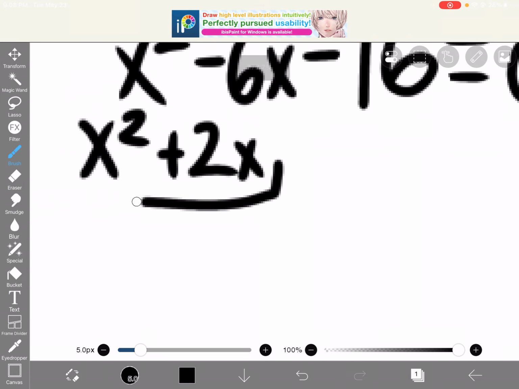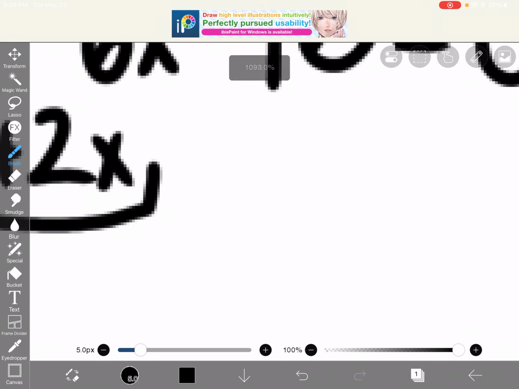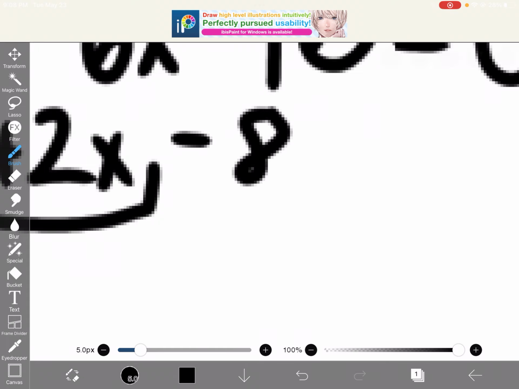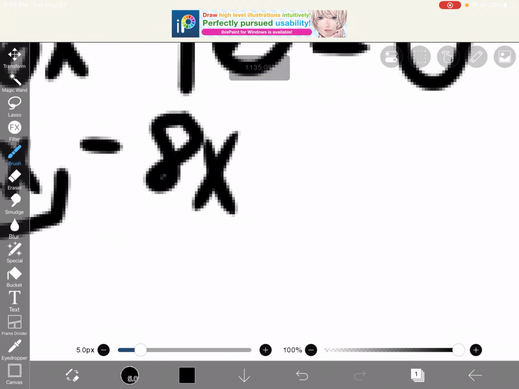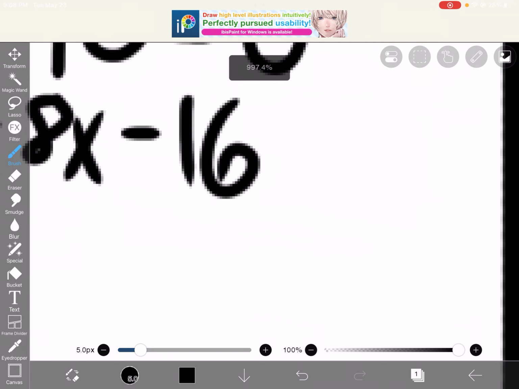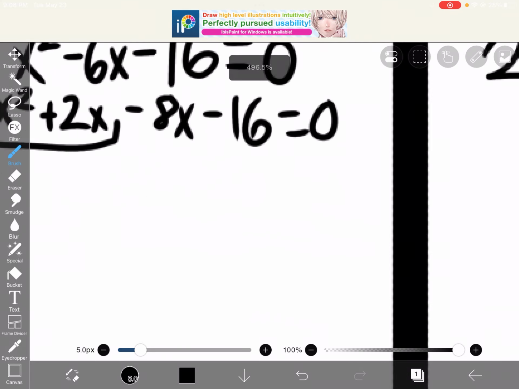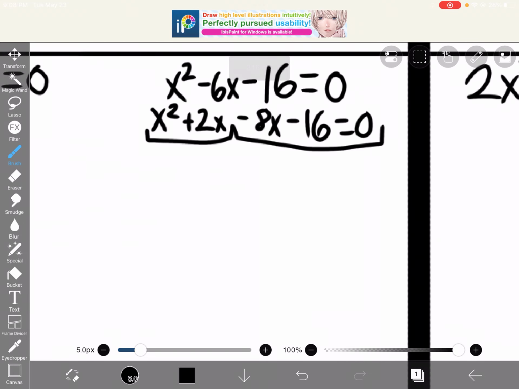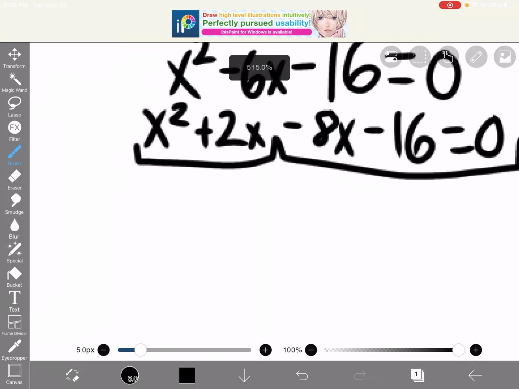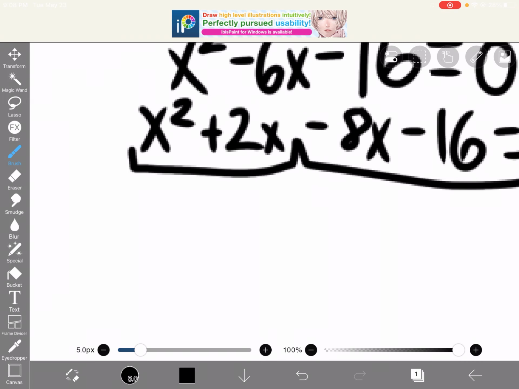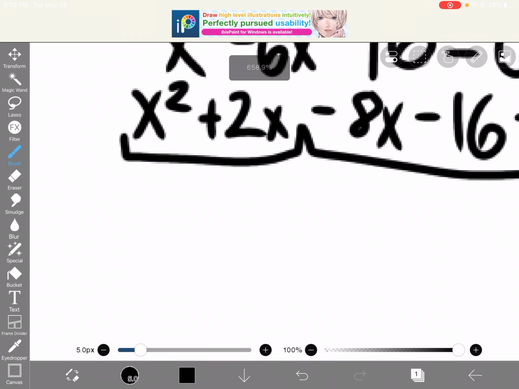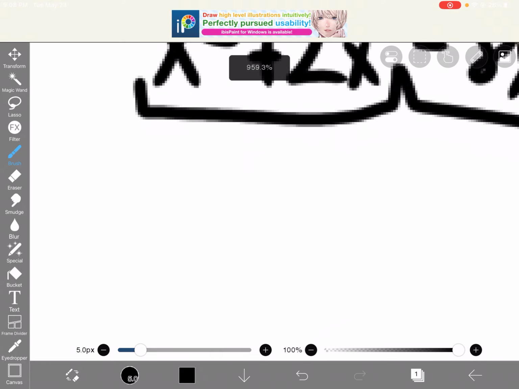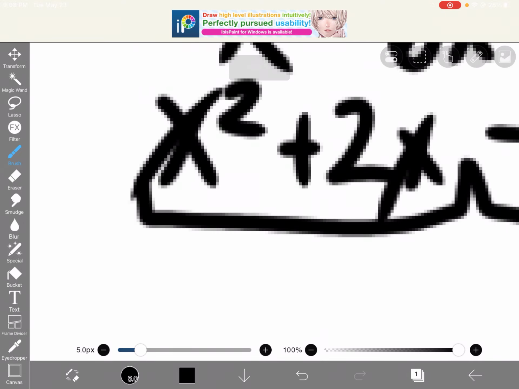So we got our first group right here. And then minus 8x minus 16 equals 0. That's our second group. Now we just have to factor it, find the greatest common factor.